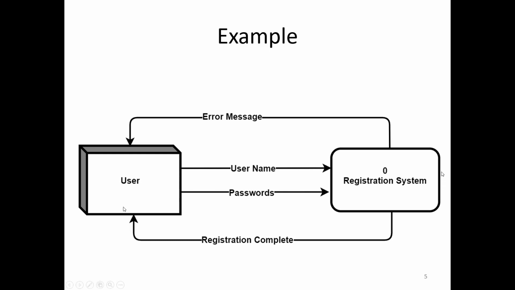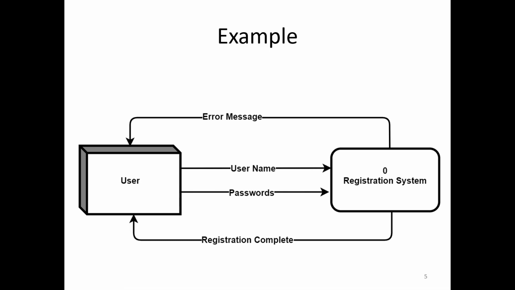So here, we have only one process, which is process 0. And this process represents the system. And the name of the process is just the name of the system, which is registration system. Also, we have an external entity, which is called user. And this user provides username and also password to this registration system.